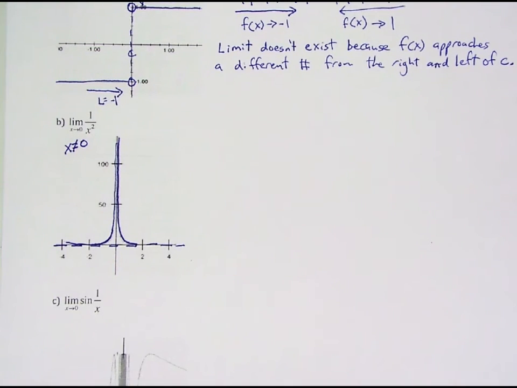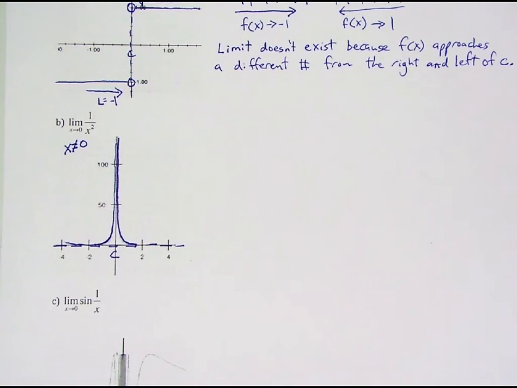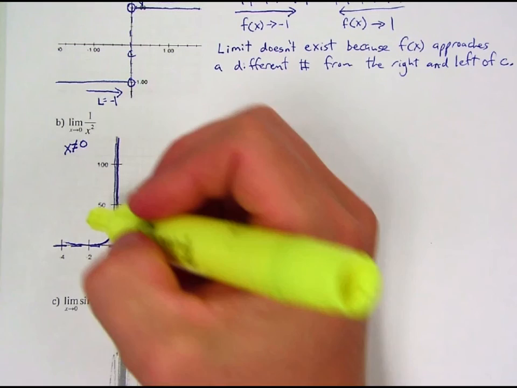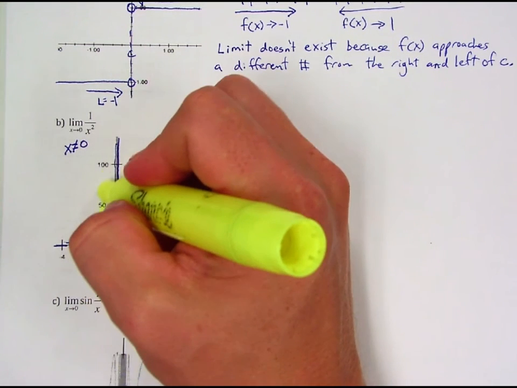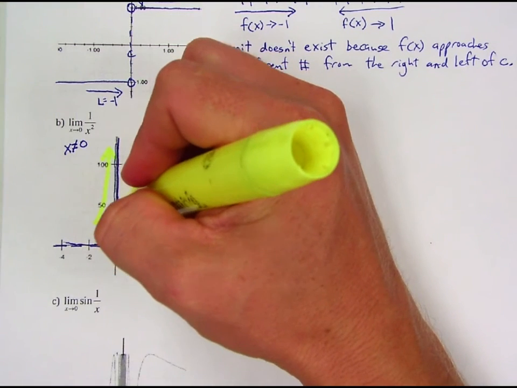So graphically, what's happening as we get closer to our c value of 0? Well, from the left side, it looks like this graph is just going to keep shooting up to infinity. And from the right side, the same thing.